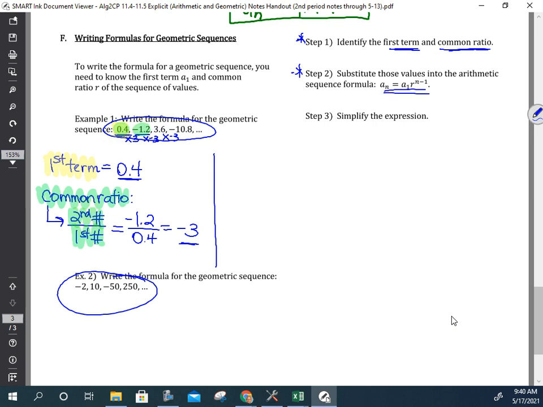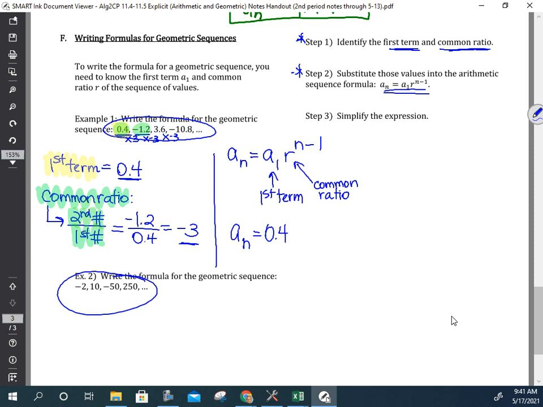Substitute those values into the formula. So this is the formula for a geometric sequence. A1 represents the first term. R represents the common ratio. So, since the first term was 0.4, you have AN equals 0.4.